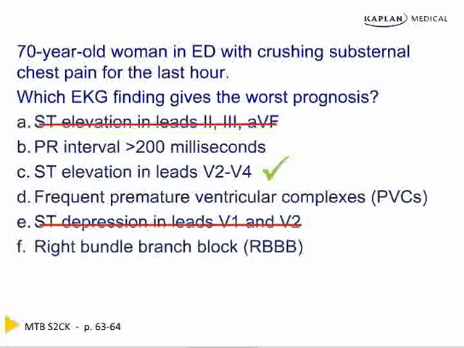Neither inferior wall, 2, 3, and AVF, nor posterior wall are going to be as dangerous as an anterior wall myocardial infarction. As an example, if you take 100 people with an anterior wall infarction, at the end of a year, untreated, 20 to 40% can be dead.